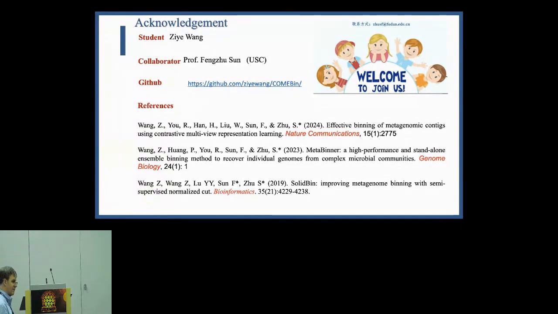Anyway, for the plant-associated dataset, the result is okay, but it's not the best. I think the best is MetaDecoder. Is that okay for your question?